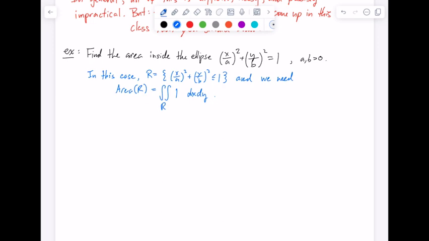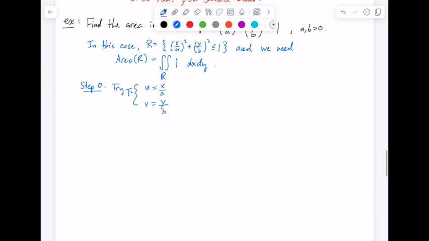Following our outline from before, let's start with step 0 and guess at a reasonable substitution to make. Now, because we're dealing with an ellipse here, its equation is suspiciously close to that of a circle. So let's just try substituting u equals x over a and v equals y over b.